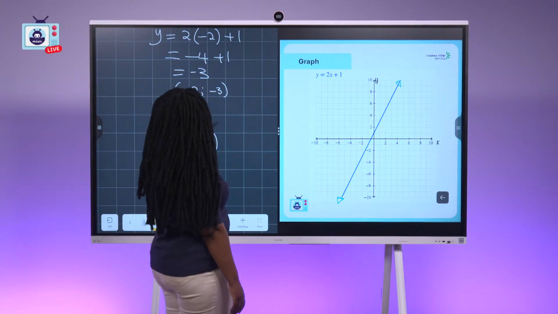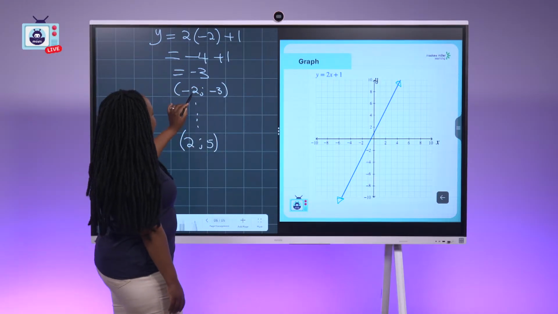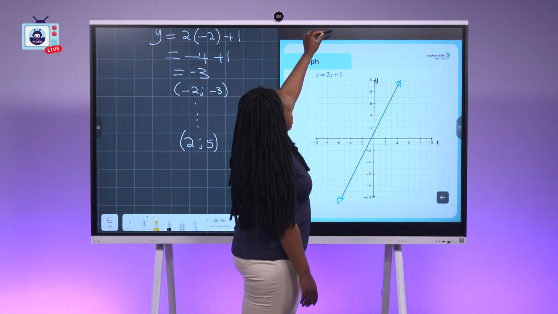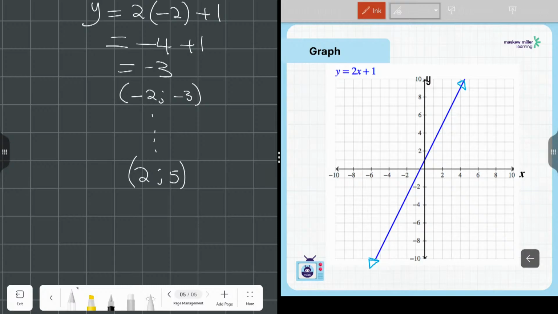So you can check, for example, with these two, the -2 and -3, let's go check. Where x is -2, if you look at your graph in the grid there, you will see that y is -3, and that is your point there. Easy, right? So all these points will be there like that.